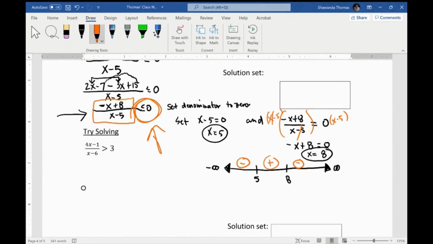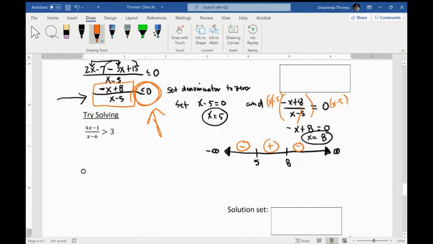Now, here's the only thing I want y'all to keep in mind. x equals 5 makes the function undefined.